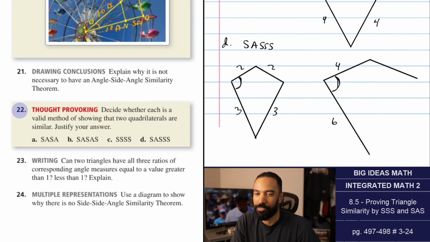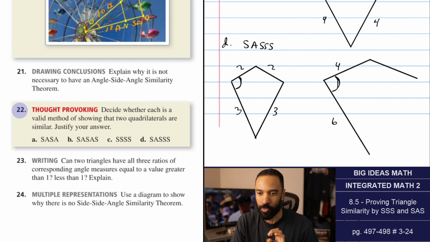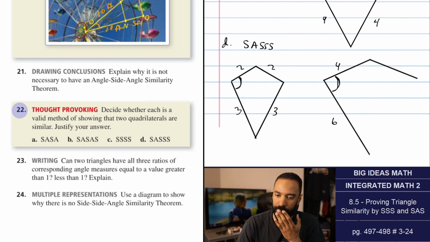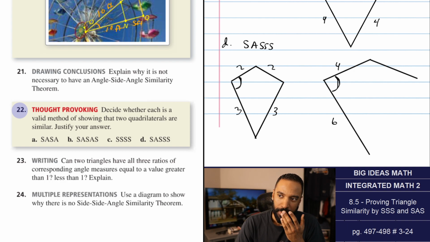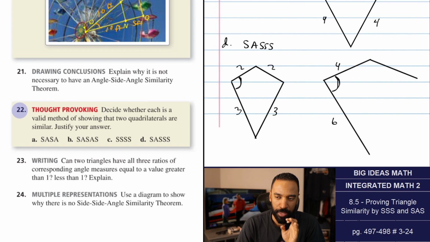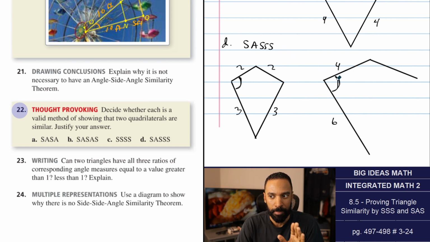I have to dispute it if so. Hold on. I'm going to pause and think about this one. I want to get this right. Okay, well, I'm thinking about it, and the thing that I'm thinking about right now is not that these angles have to be the ones that correspond to be congruent. You can have side proportionality, but the angles can be, I think, in any set.